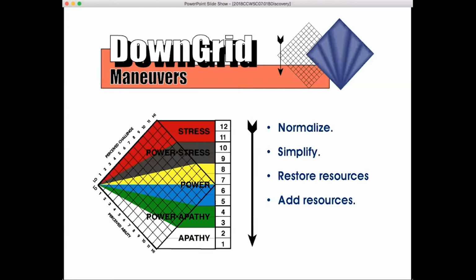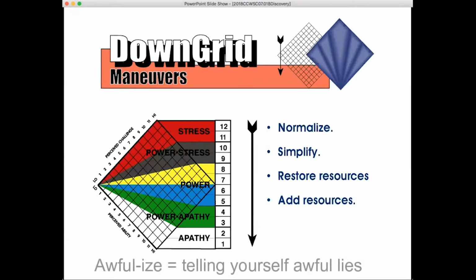I think we've mentioned this in a prior lesson, but one of the things that happens very far up grid is a fun little process we refer to as awfulizing. Awfulizing is when you imagine that whatever it is that's happening can only mean the worst possible outcome. You're adding this element of awfulness, awful outcomes, to it.